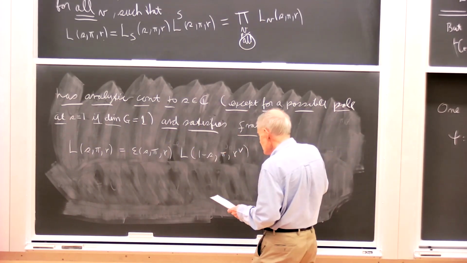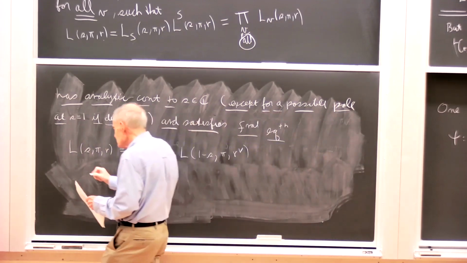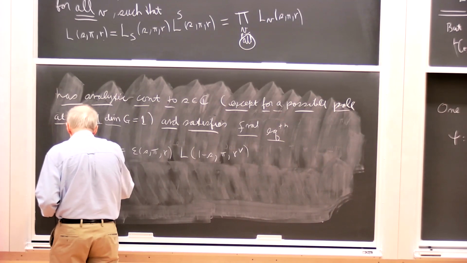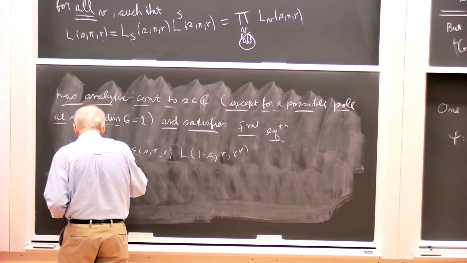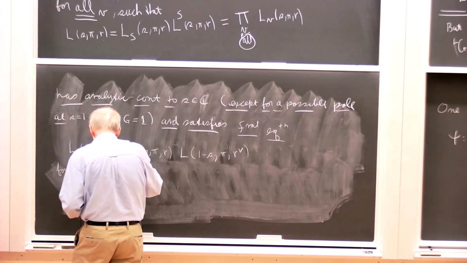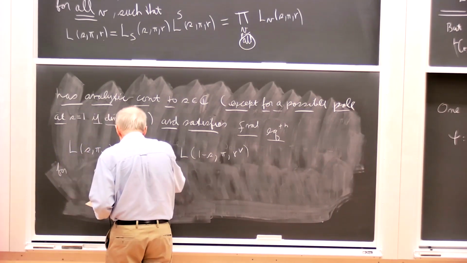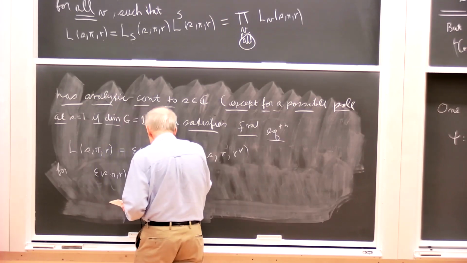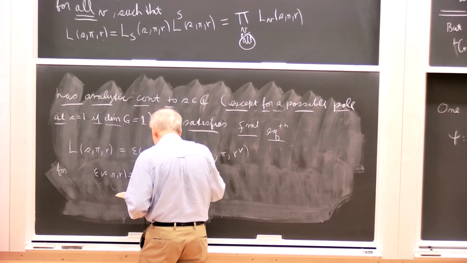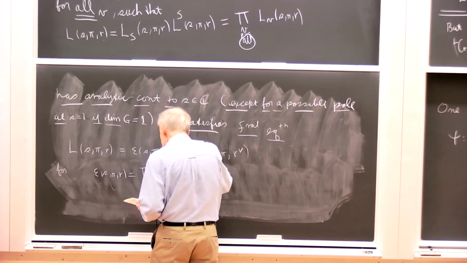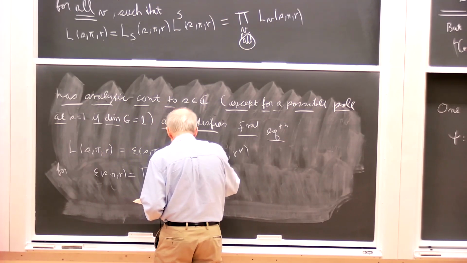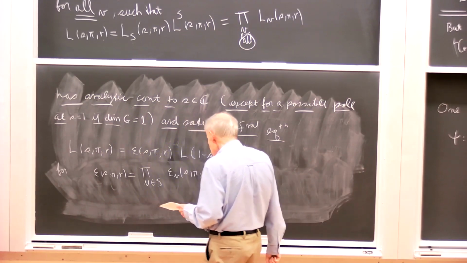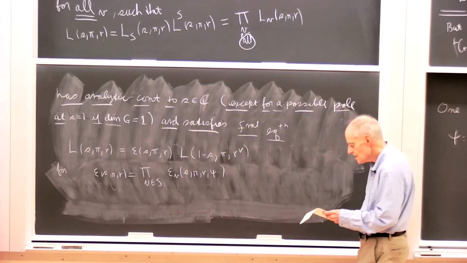This would be for ε(s, π, r) being the product over all v in S of these epsilon factors ε_v(s, π_v, r, ψ_v), with ψ equals ψ_F.